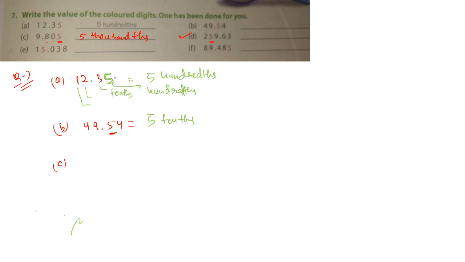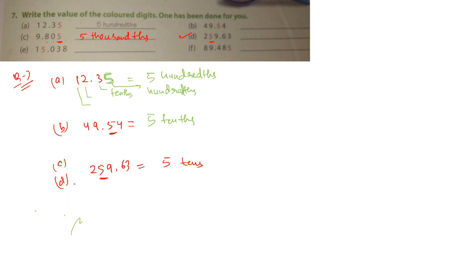So this is in part D, this is very simple, 259.63, and you have to tell the place value of this. So ones, tens, so you will write 5 tens. Okay, 5 tens. So if the number is after the decimal, it will be tenth, and if it is before the decimal, it will be tens.